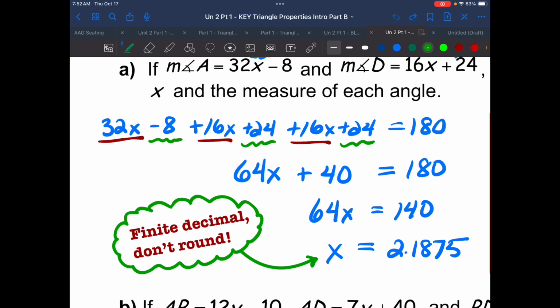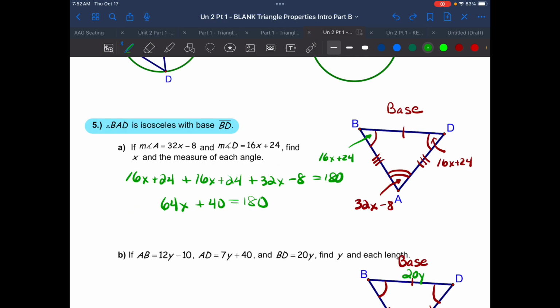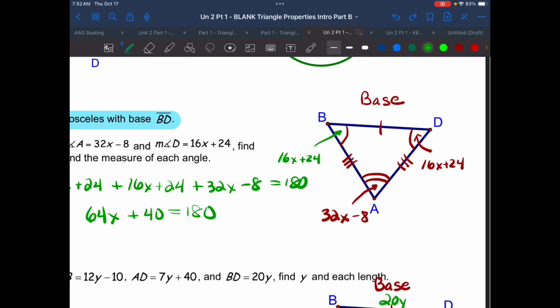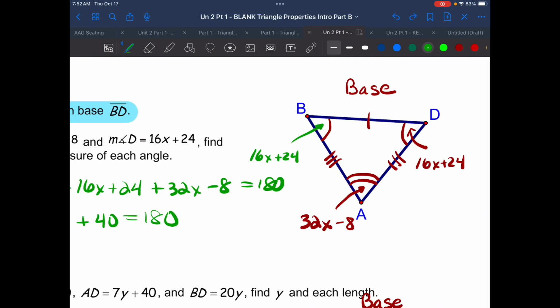Here's why. What I'd like you to now do is take 2.1875, and go plug that in to find the measure of each angle. So for example, you're going to take 2.1875 and plug it in here for angle A and here for angle D, which should be the same as angle B. Okay, so let's start off with this.